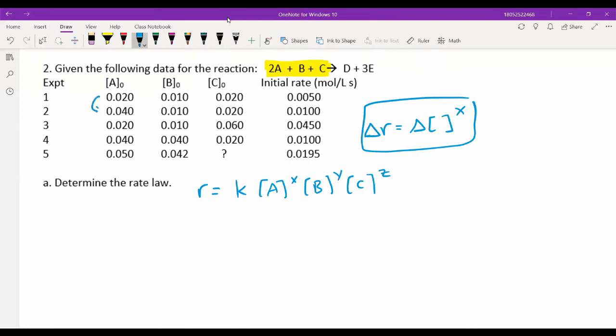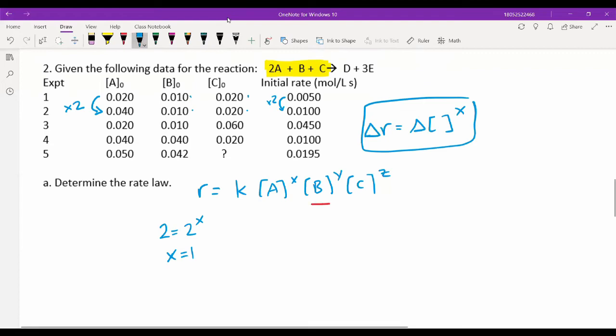That should be the first two because B is the same, C is the same. And we have A that's doubling and the rate also doubling. So we have 2 equals 2 to the x, and then we get x equals 1, first order for A. And then I'll choose maybe a different color for B.